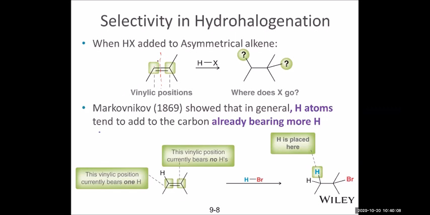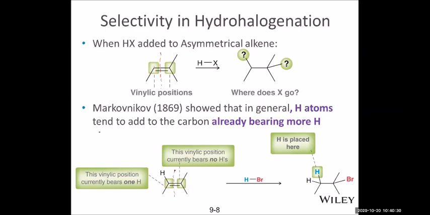In general, the hydrogen tends to add to the carbon that already has more hydrogens. So you can see this is the asymmetrical alkene.